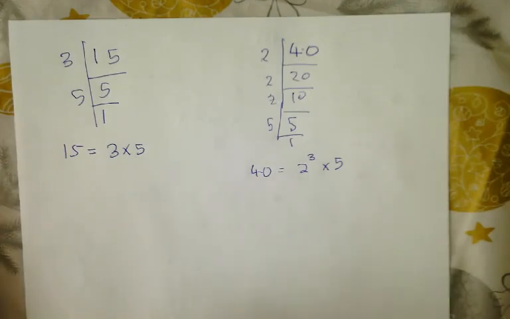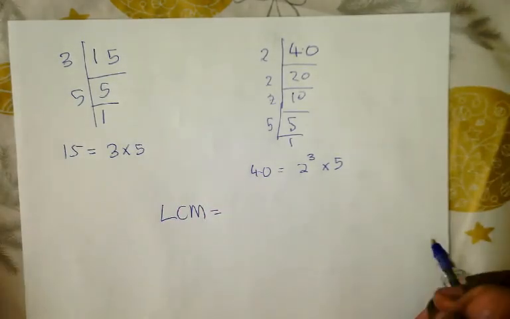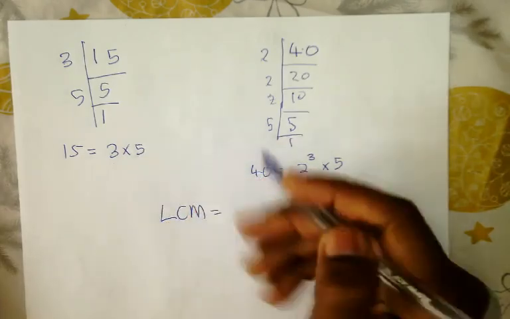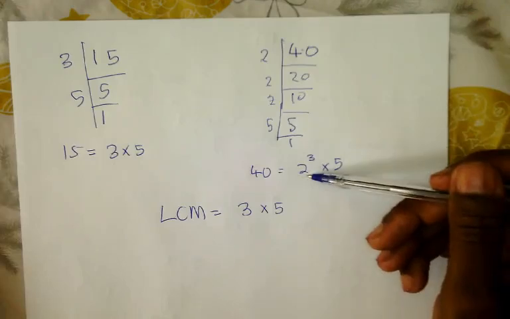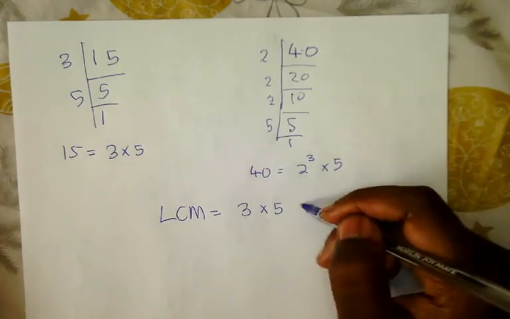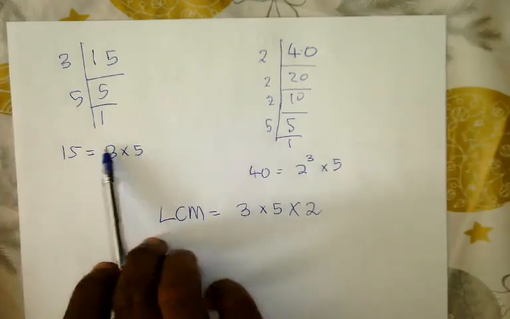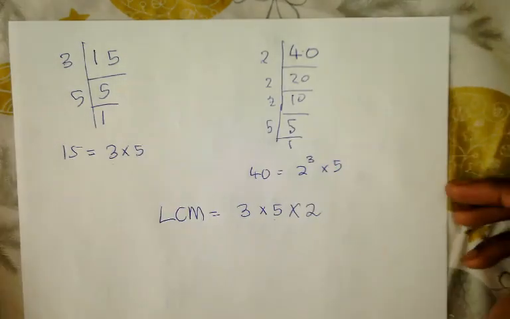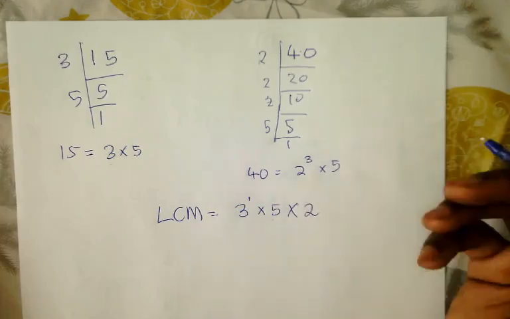Then, for the lowest common multiple, we said the first thing is to list all of the bases. So here I've got base 3, base 5, base 3, base 5. Come to this one, base 2. Have I listed 2? Not yet. So I'm going to list 2. 5 is already there. So make sure you list all the bases that appear in your numbers. Base 3 is the only one there. 5, both of them have exponent 1.